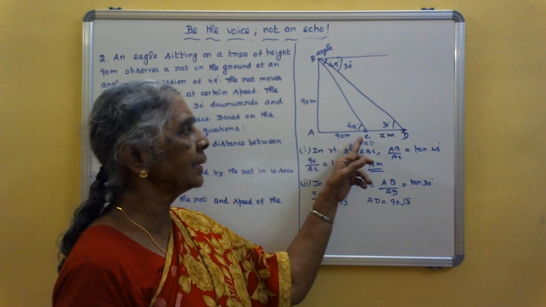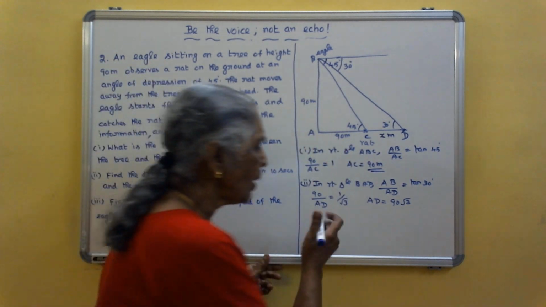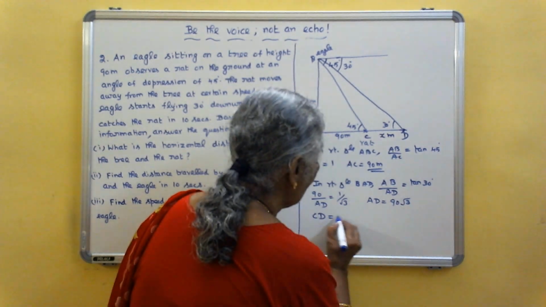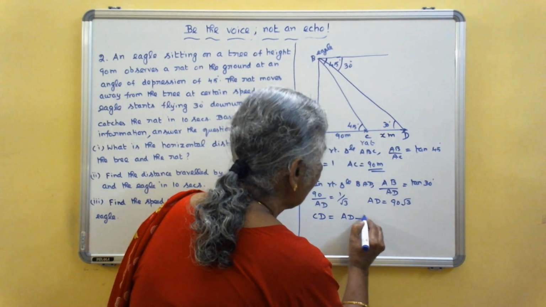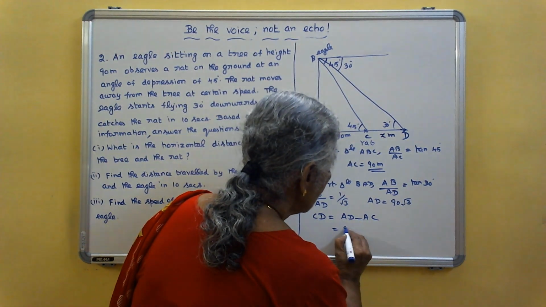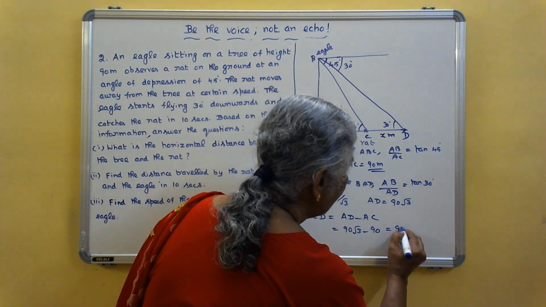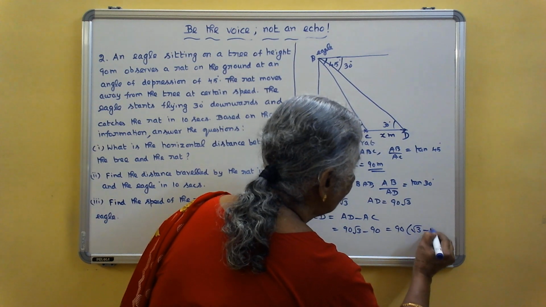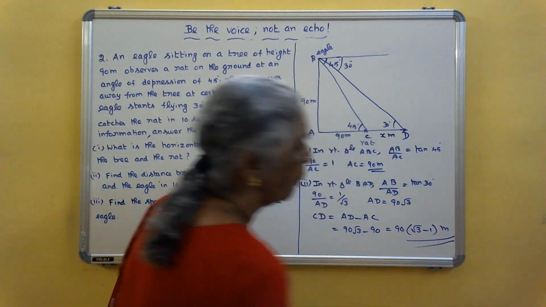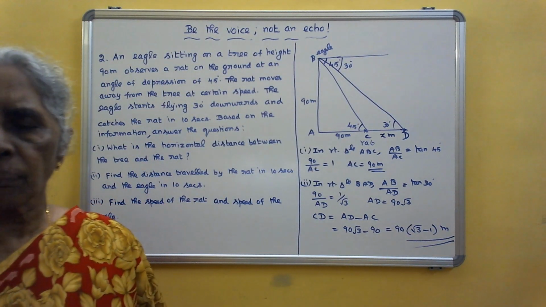You know AC is 90. We want CD. So CD will be equal to AD minus AC. So you will get 90 root 3 minus 90, which is 90 into root 3 minus 1 meter. You can leave it like this.